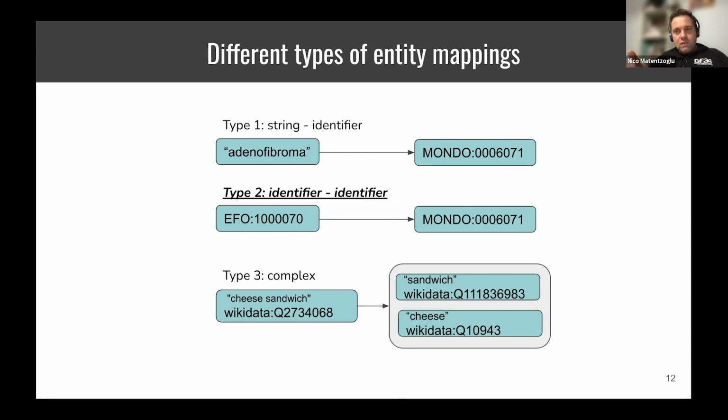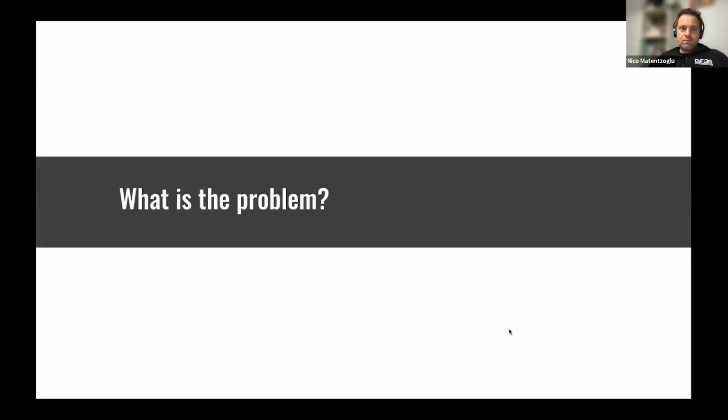They are not necessarily ontological. These are database identifiers in HGNC and Ensembl, for example, that are being mapped together. This doesn't matter. These are all different entities that are being mapped together. And there are complex mappings, like, for example, cheese sandwich being mapped to two different terms like sandwich and cheese.